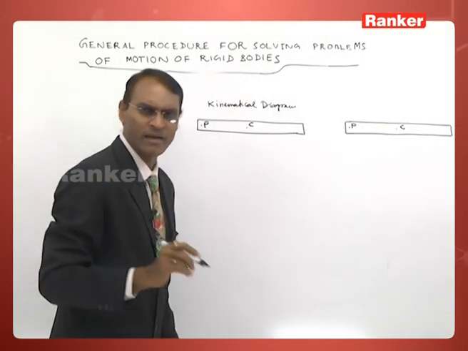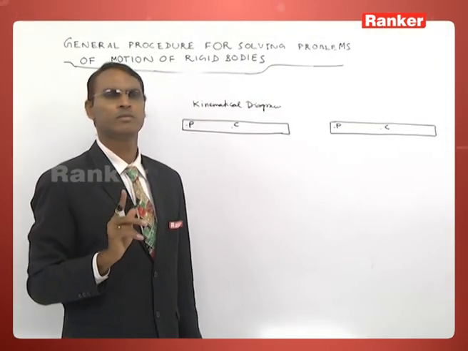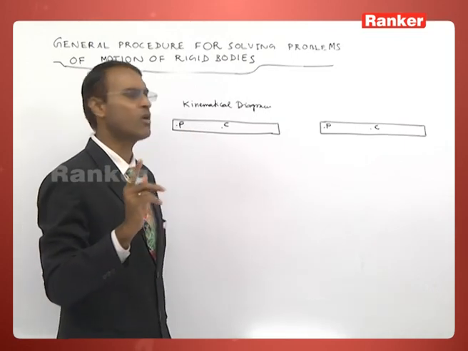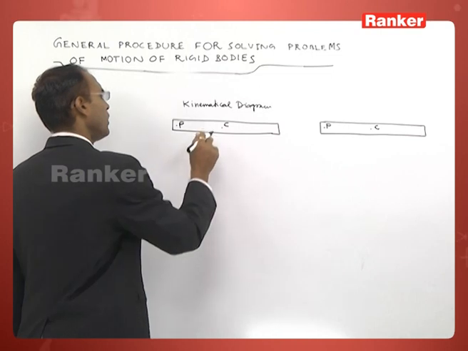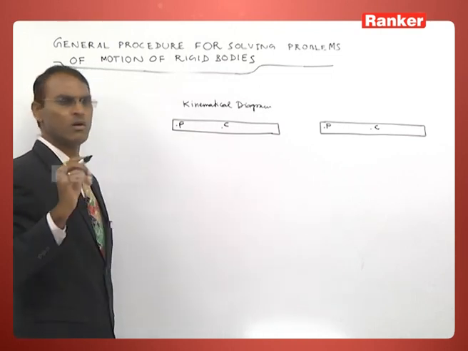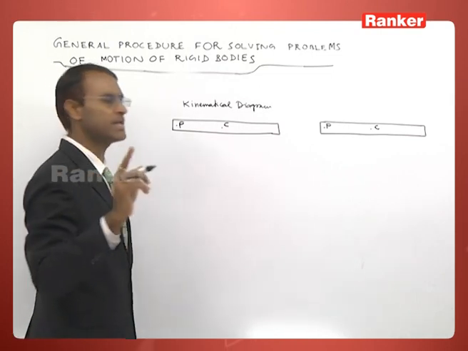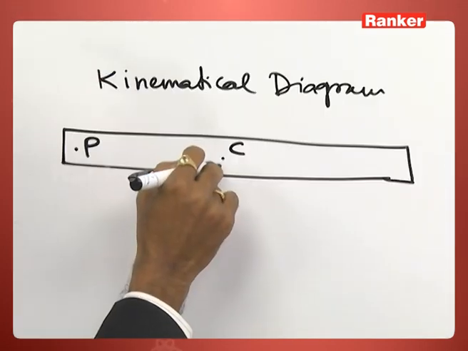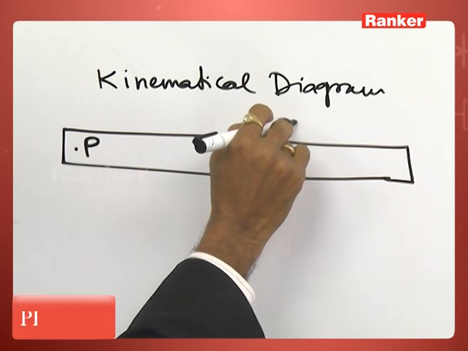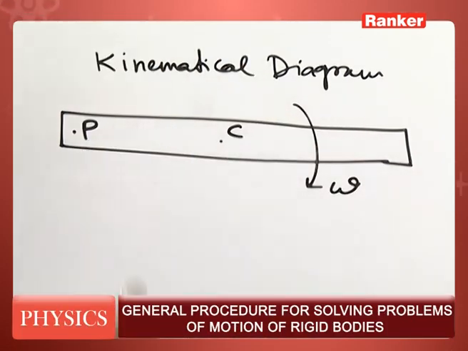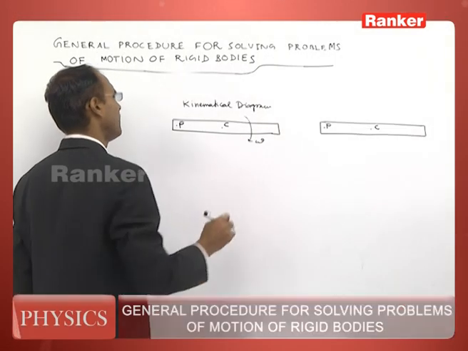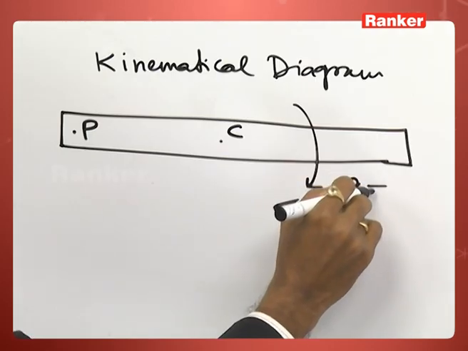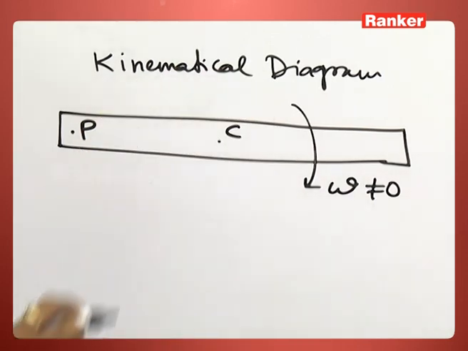In the kinematical diagram, you should not write the forces and torques. You should only mention the velocities and accelerations. Here omega is given. Initially, let us assume that there is a non-zero angular velocity.